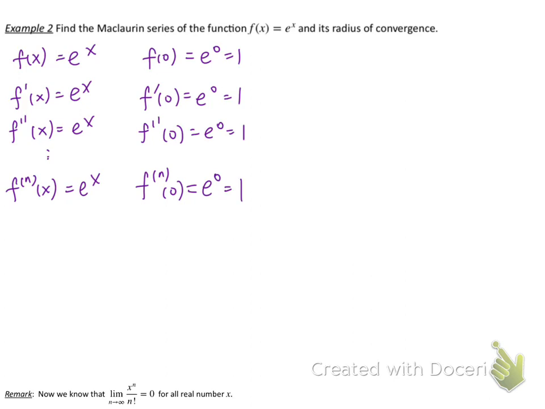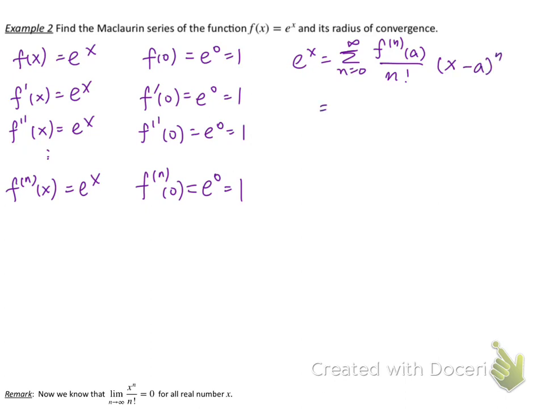Now go back to the Taylor series. We know that the Taylor series has the formula, let me write e to the x first, is the summation n from 0 to infinity of the nth derivative of f at a over n factorial, then x minus a to the nth power.